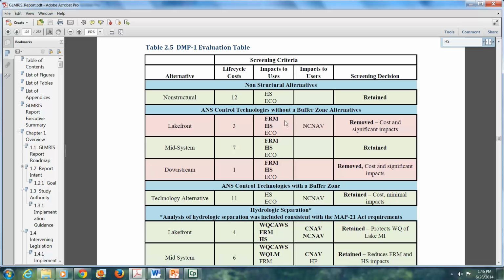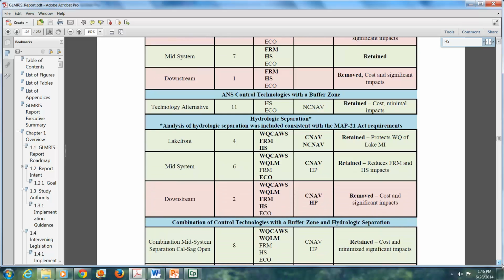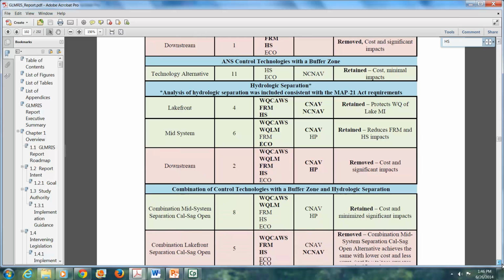It affected flood risk management. The users were non-commercial navigation. This measure was removed from consideration because of the high cost, it ranking 3rd, and other significant impacts. So you can see they've documented their decision process here, and they've done that rather well.